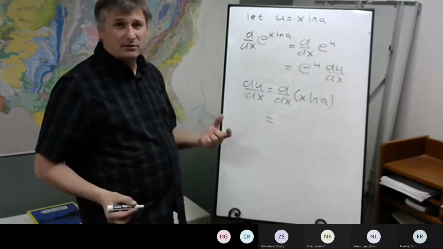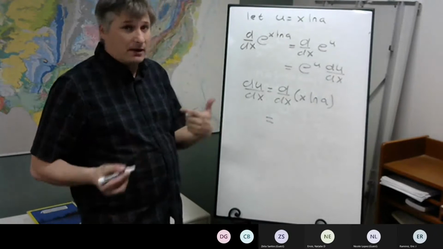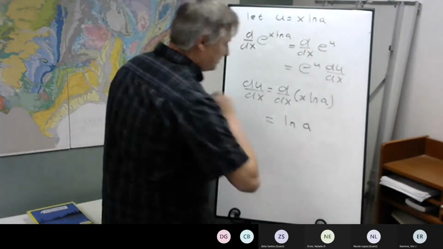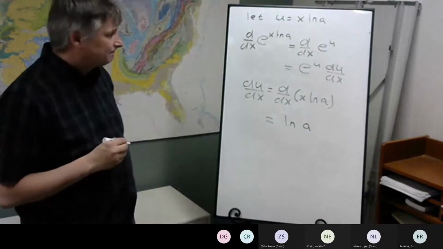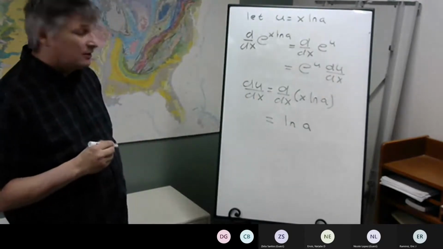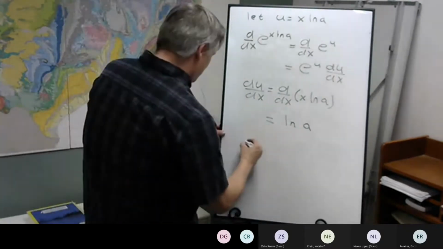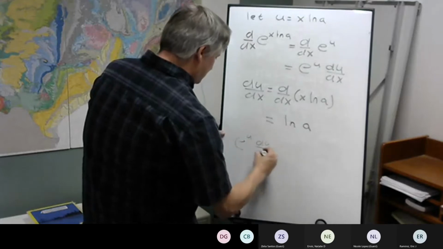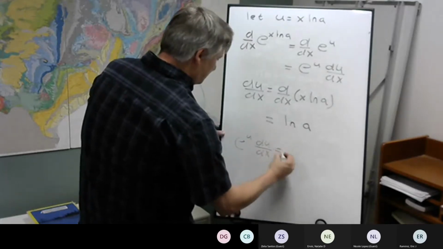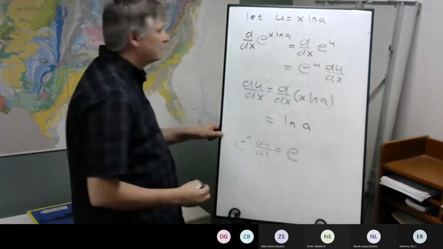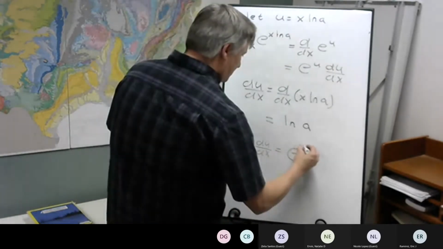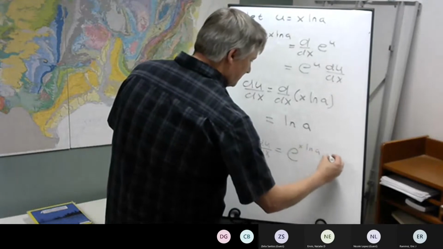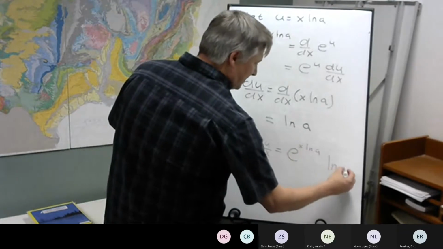And when we take the derivative of a constant times x, we're just left with that constant. So this means e to the u du dx will be e to the x natural log of a times the natural log of a.